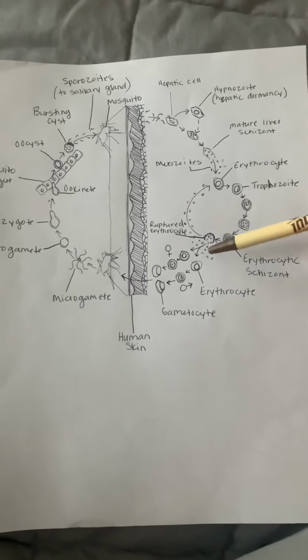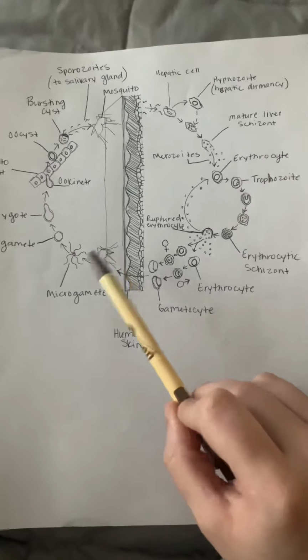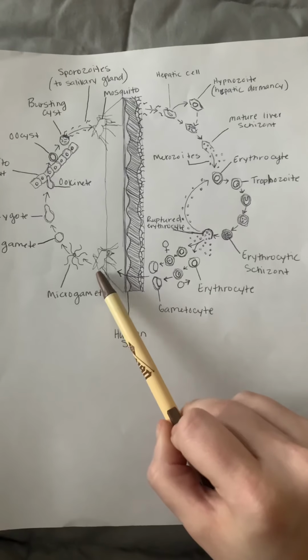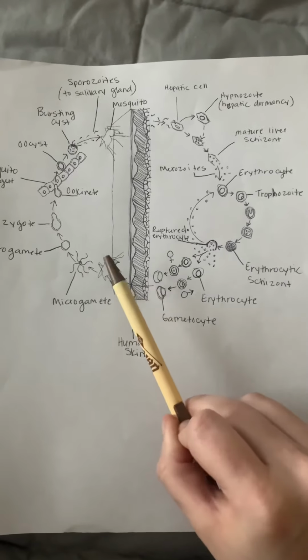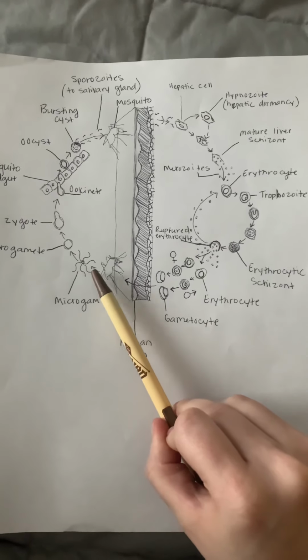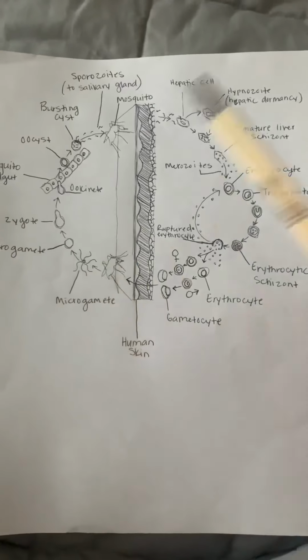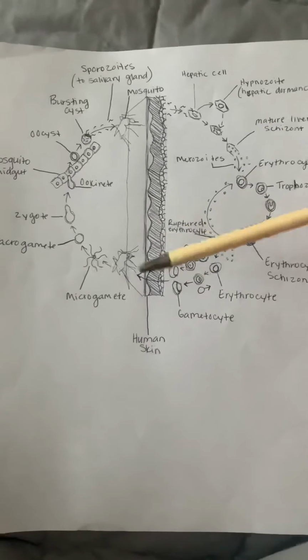And some trophozoites differentiate into gametocytes. And during a blood meal, an Anopheles mosquito will then ingest the male, which is the microgamete, and the female, which is the macrogamete, gametocytes, which begins a sporogonic cycle.